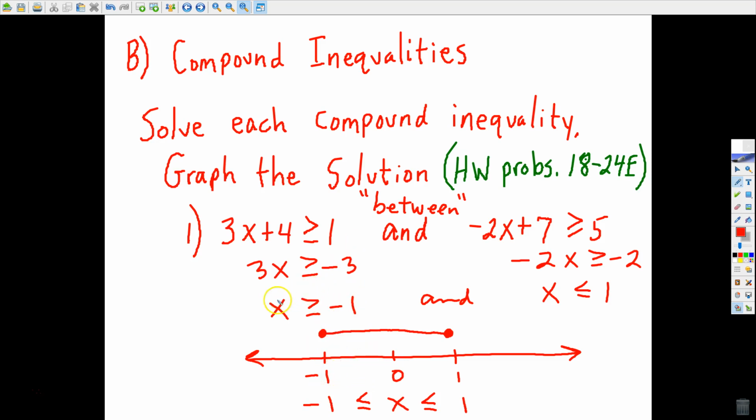But instead of writing your and compound solutions using the word and, I'm going to ask you to write them like this. And if I were reading this in words, it says my solution falls between -1 and +1.